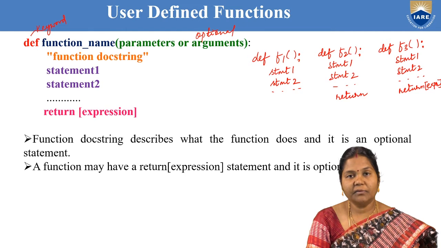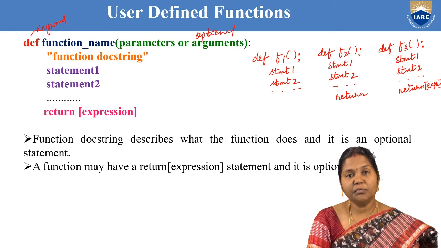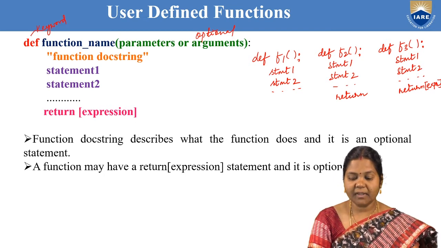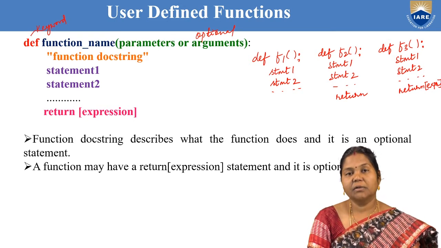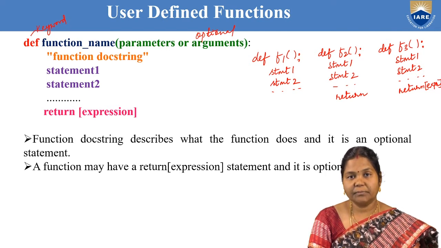So these are the different ways the return statement can be written. A simple return, or return with some expression. If you do not write return also, control will automatically go to the calling function. So a function can be written using a return statement or without one, and this part is optional.